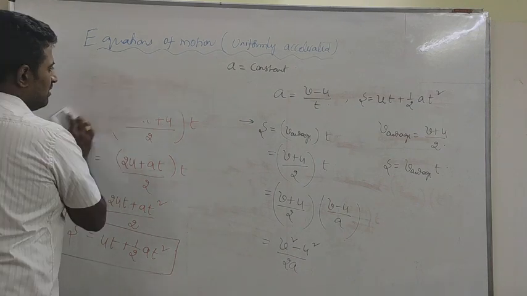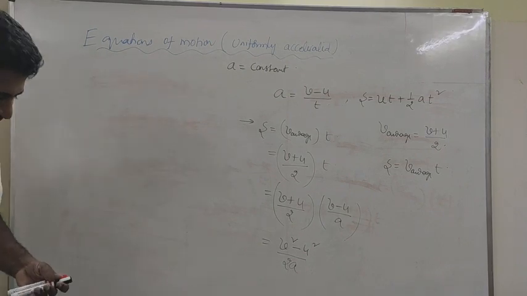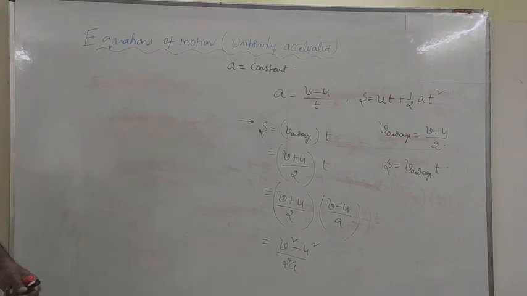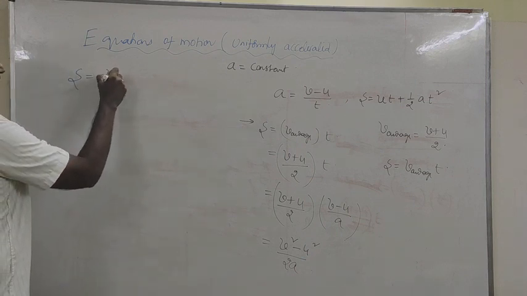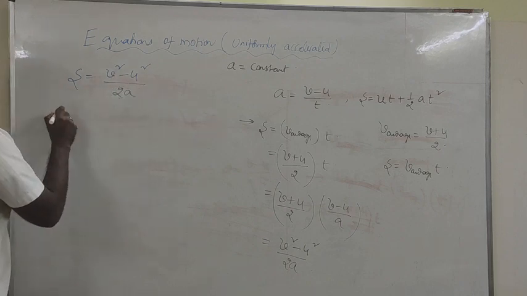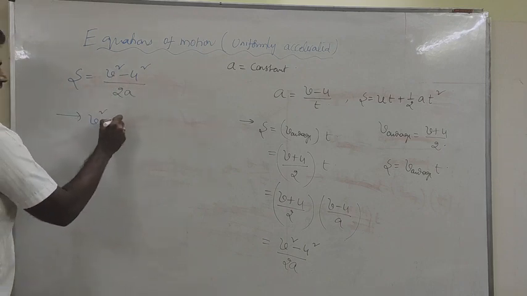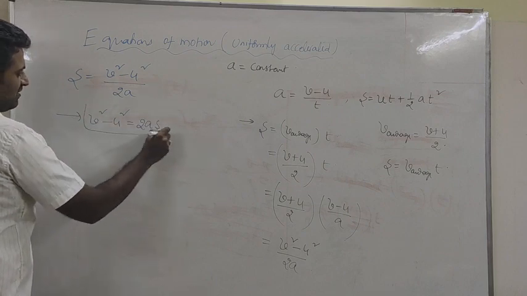You see here, the other equation in our hand is s equal to v square minus u square divided by 2a, implies v square minus u square is equal to 2as.